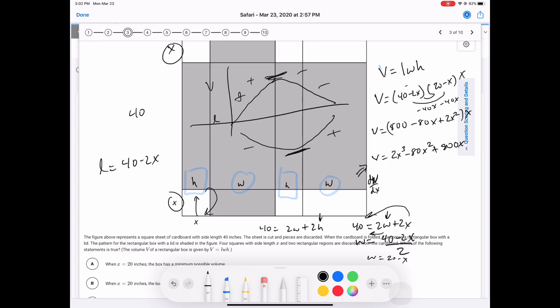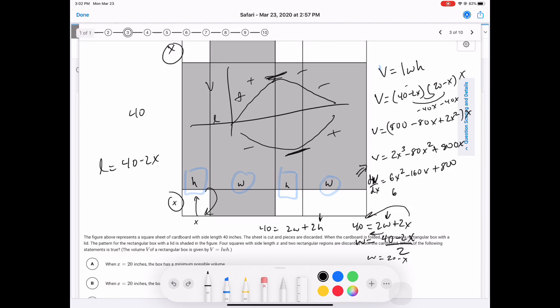So dV is equal to 6x squared minus 160x plus 800. And we can try factoring that. Let's see if I take out a 6. No, I can't take out a 6.